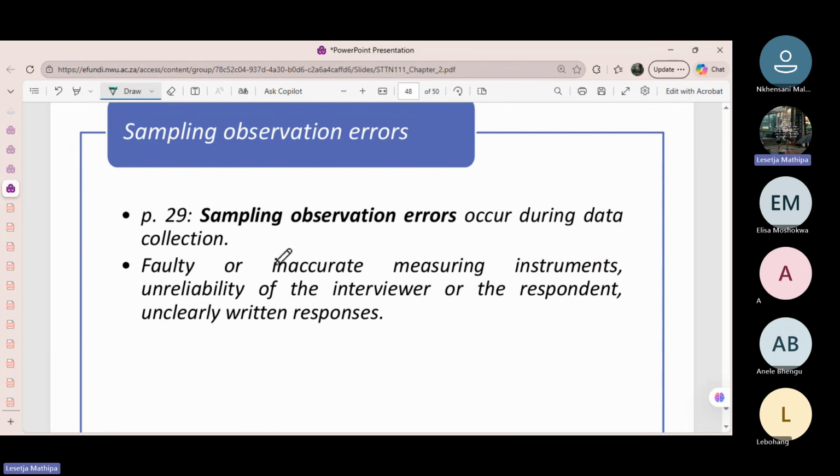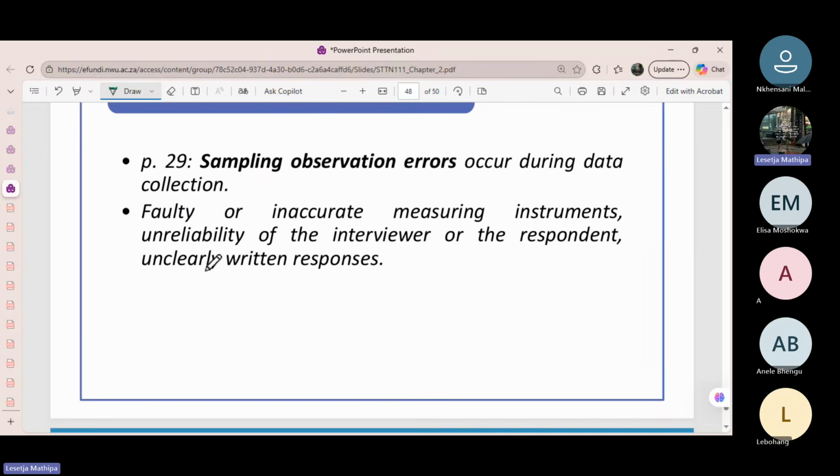Then the sampling observation error occurs during data collection, when you use faulty or inaccurate measuring instruments, or there is unreliability of the interviewer or the respondent.